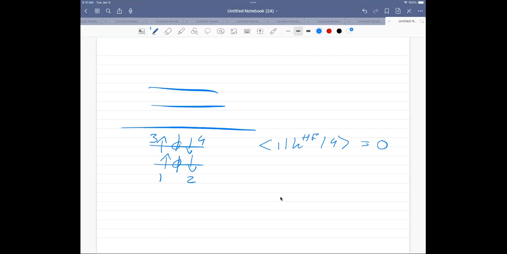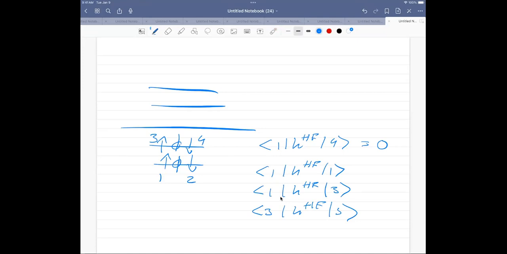So if you have an odd state, which you have labeled as a spin up state, and an even state, which is labeled as a spin down, then you could actually rewrite everything in terms of the odd guys only: 1, Hartree-Fock of 3, and 3, Hartree-Fock of 3. Then you can set up a 2 by 2 matrix, instead of a 4 by 4 matrix, because you have 4 states here.